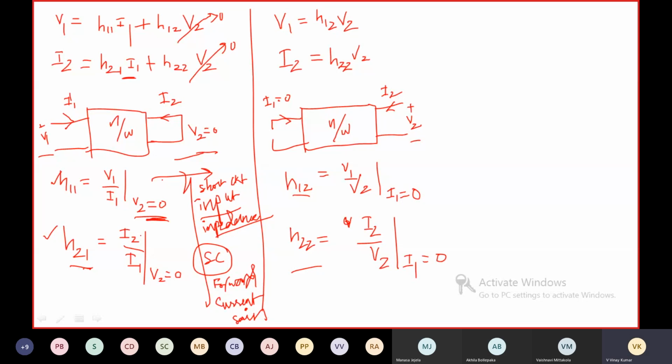I2 is the output current and I1 is the input current, and the ratio of output current to input current means gain. So it is the short circuit forward current gain.